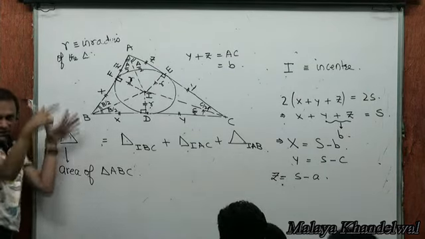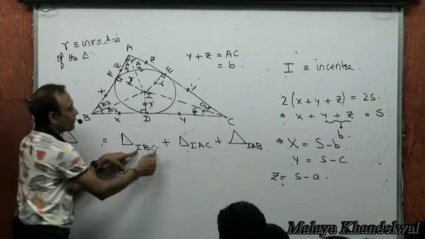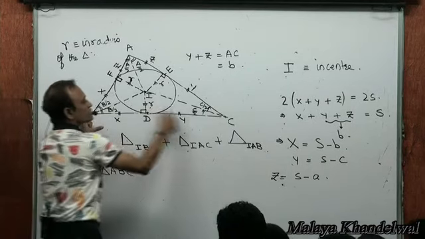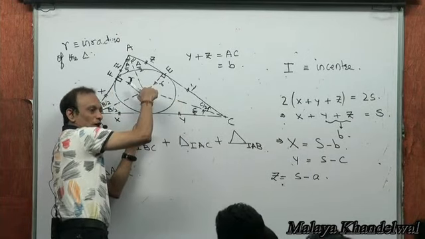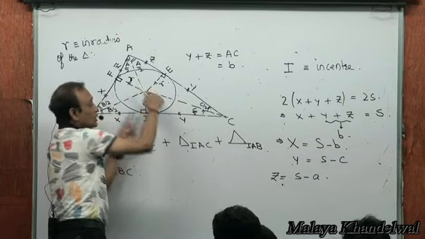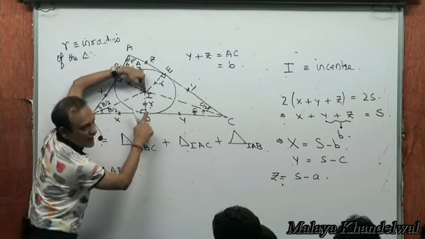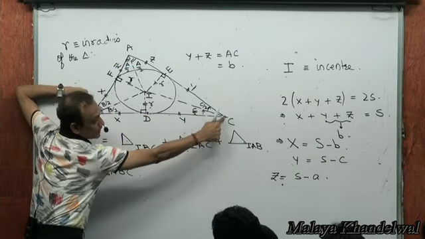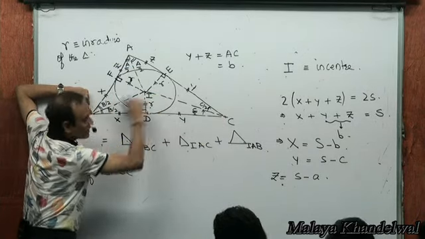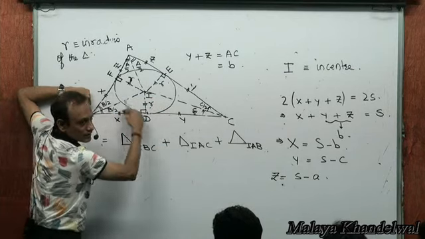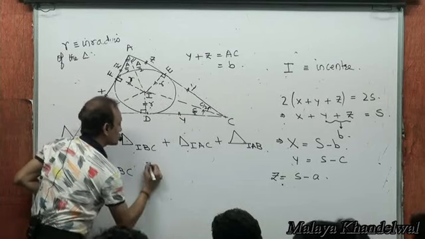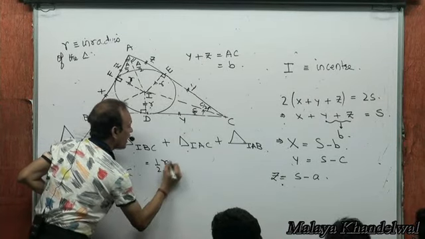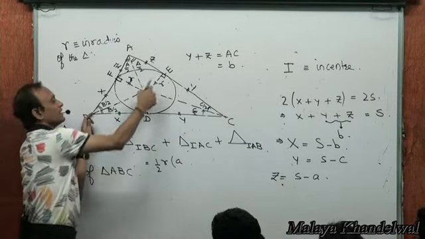What is the area of IBC? This side is small a, the perpendicular is small r, so half of small a into small r, yes or no? That's the area of triangle IBC.